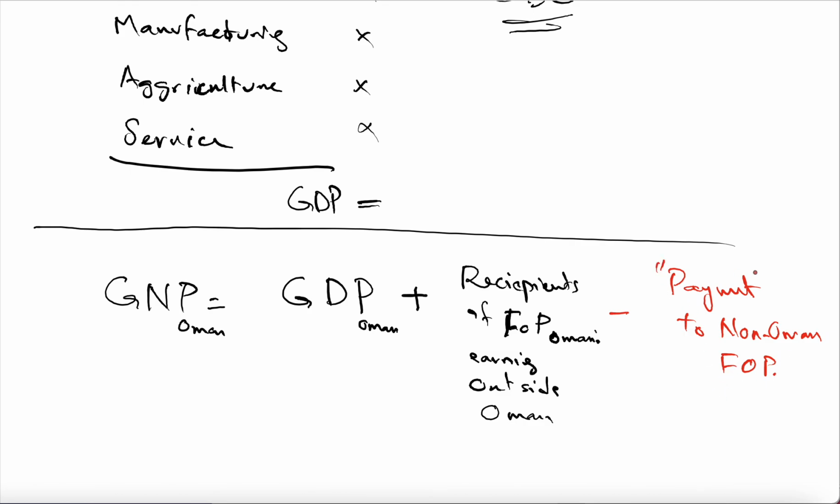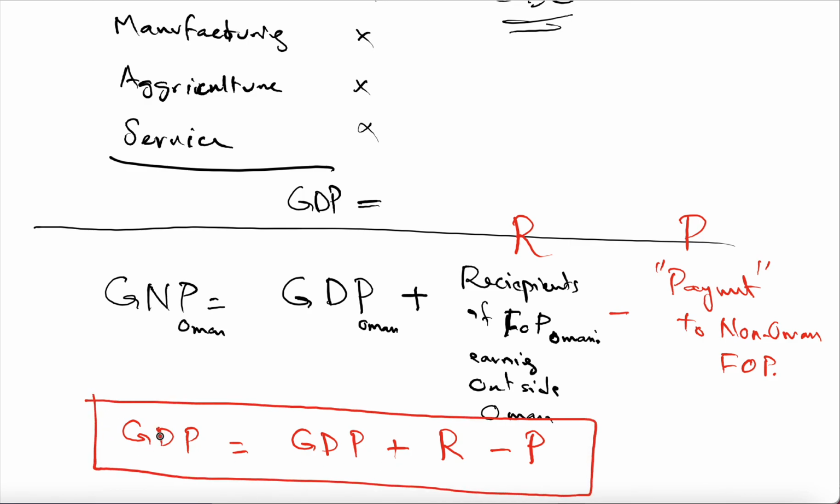So that money should be subtracted. The payments to non-Omani or non-citizen factors of production should be deducted. Let's call this one R and this one P. So the formula would be the following: the GNP of a country is the GDP plus R minus P.